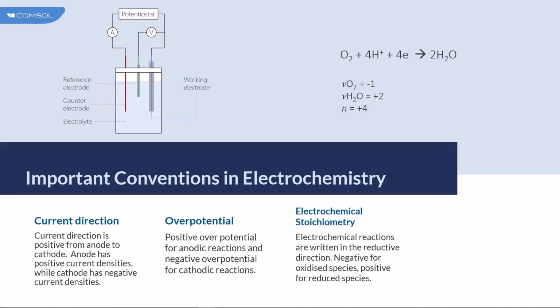Then we have the activation overpotential, which is positive for anodic reactions and negative for cathodic reactions. For the electrochemical stoichiometry, electrochemical reactions are written in the reductive direction: negative for oxidized species and positive for reduced species. These are assumptions that you use to ensure consistent modeling of your electrochemical problem.